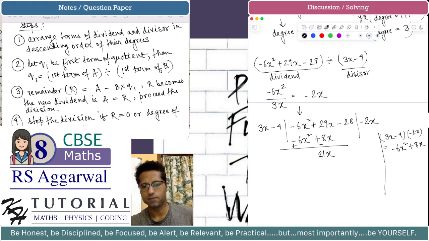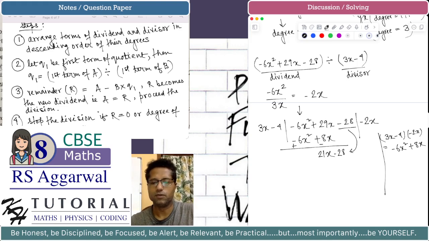So the remainder becomes 21x, and then you bring down the next term from the dividend, which is minus 28. So now 21x minus 28 becomes the new dividend.